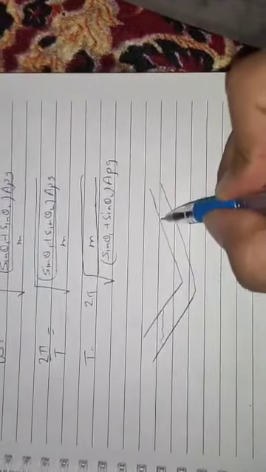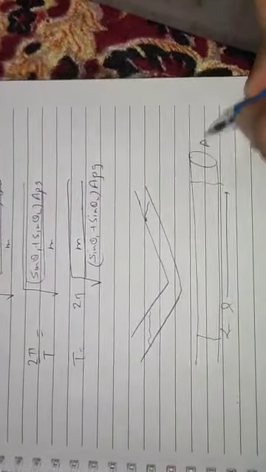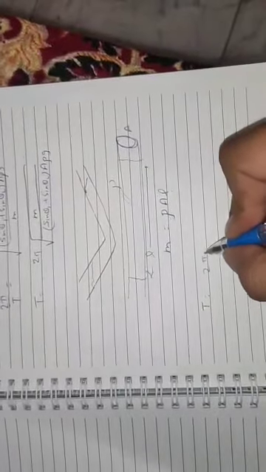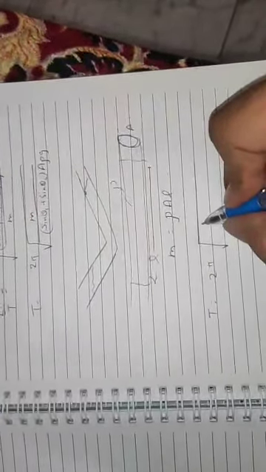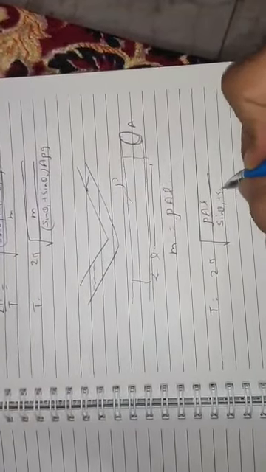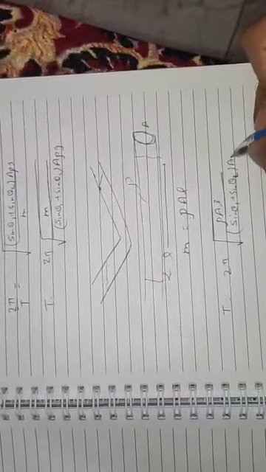If we straighten the total liquid into one rod, we assume liquid fills till length L and has cross section area A. Density rho is mass upon volume, so mass is density into volume, that is A into L, where A is the area of cross section and L the length of liquid. So in place of m we write rho A L. Then T is equal to 2 pi under root rho A L by (sin theta 1 plus sin theta 2) A rho g.